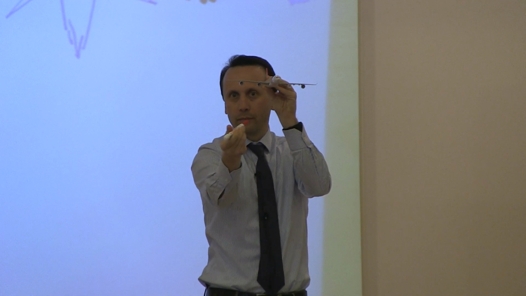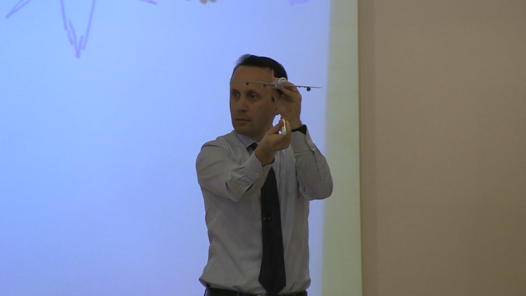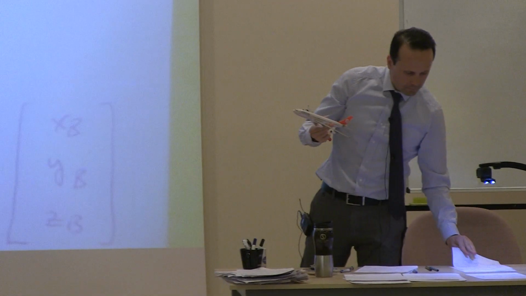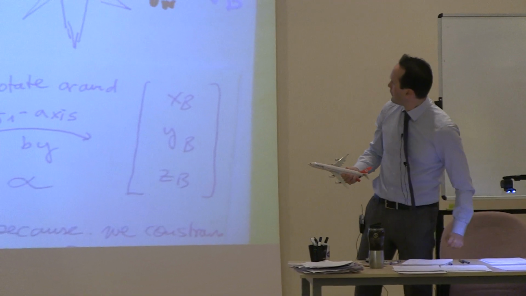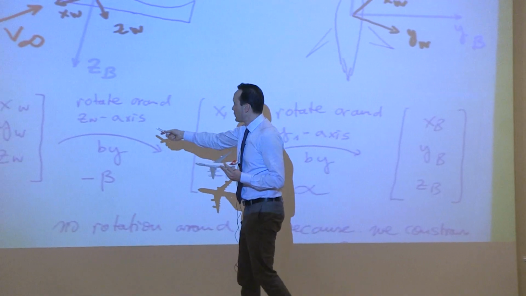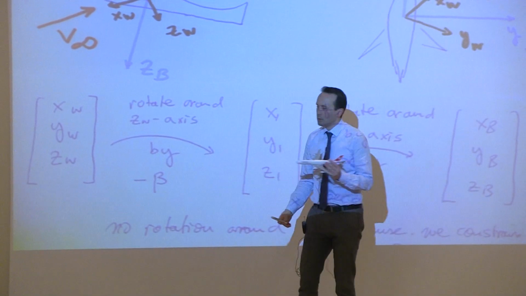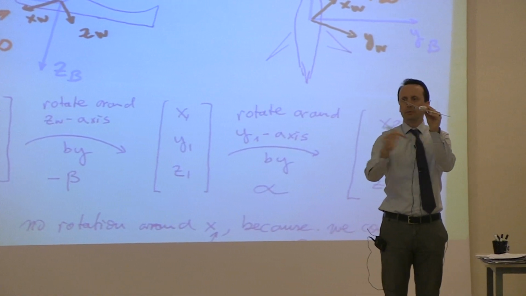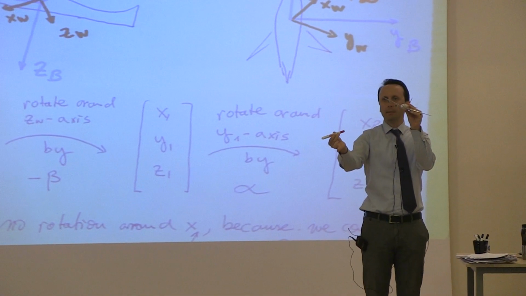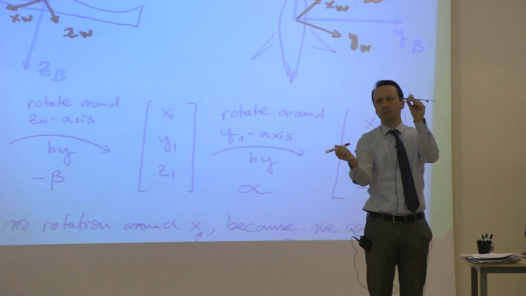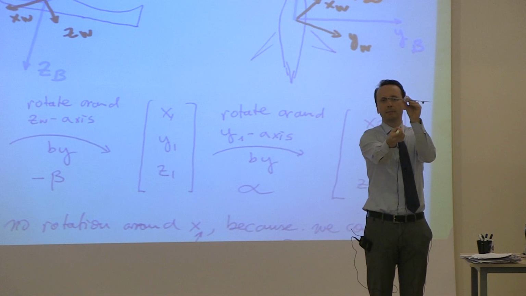This is the beta rotation. First rotation around zw, xw is here, zw is here, rotate around zw, you can imagine zw in the symmetry axis, and you move the coordinate system here.